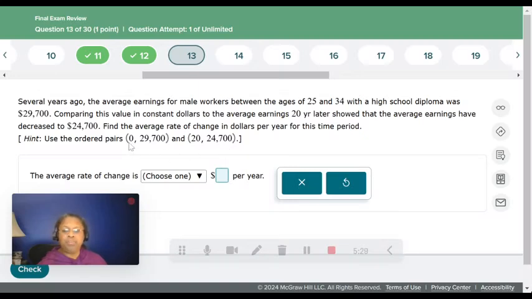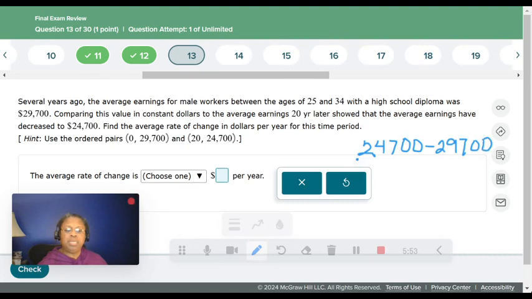So here's our x1, y1, x2, y2, and we will have 24,700 minus 29,700 divided by 20 minus 0. So that's going to equal, it should be negative.